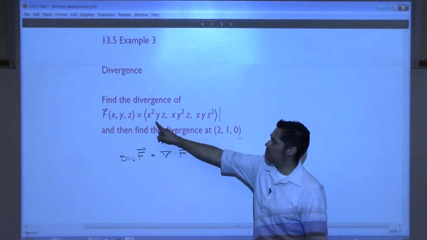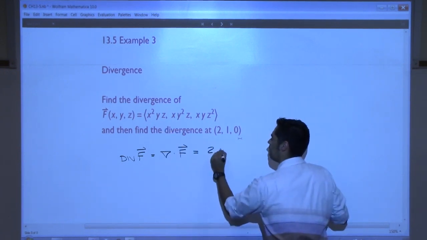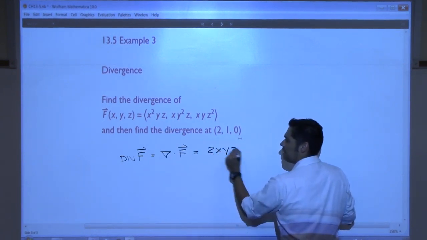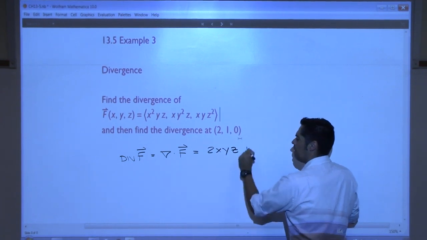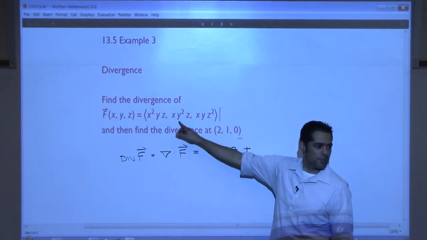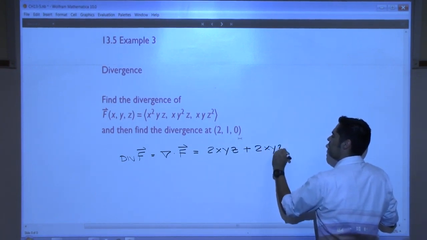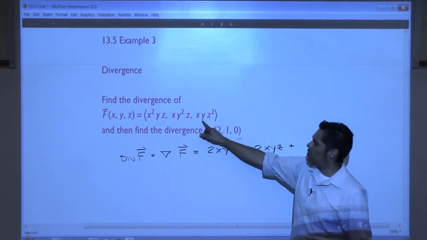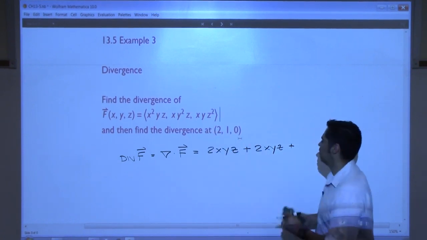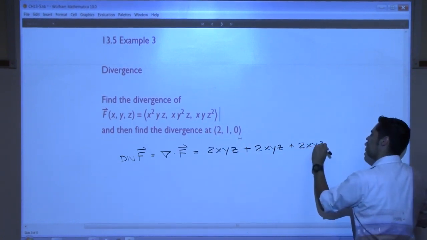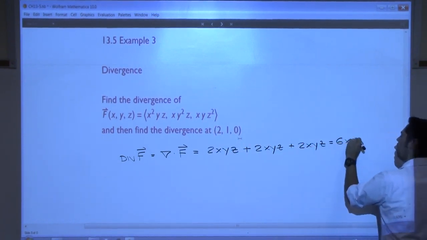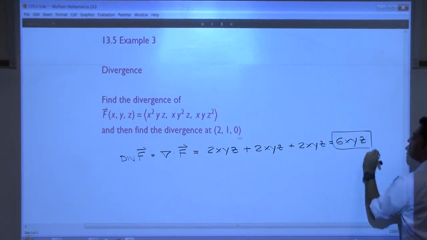It's the partial of this with respect to x, 2x, y, z, plus partial of this with respect to y, 2x, y, z, plus partial of this with respect to z, 2x, y, z, which is 6x, y, z. That's your div.